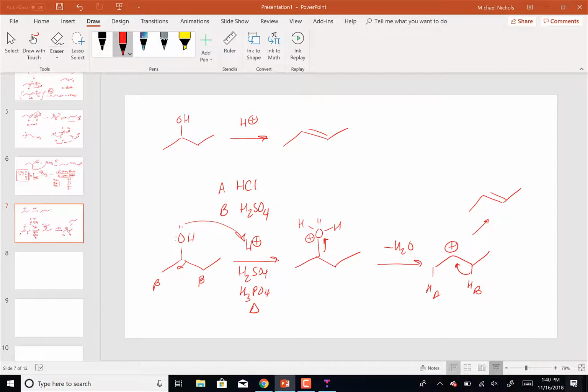So what's characteristic of E1 mechanisms? What kind of intermediate do they have? They have a carbocation intermediate. E2 mechanisms have no carbocation intermediate. So this has to be an E1 mechanism because it goes through a carbocation intermediate.